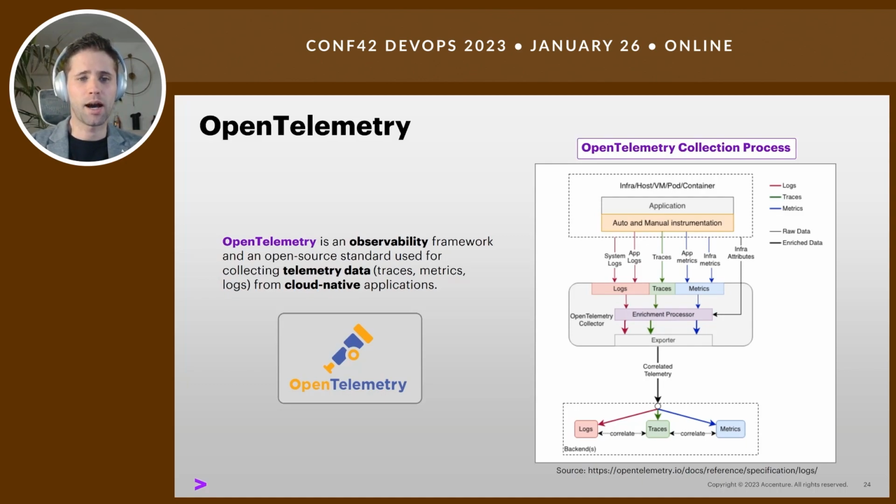Let's start from the top, where logs, traces, and metrics are generated, in our specific case by the pod and the container. But from the diagram, we see that we're talking about raw data too. In the middle, we have the OpenTelemetry collector, which enriches and processes all of this data. Specifically, this enrichment process occurs in a completely uniform manner for all three signals. Basically, the collector guarantees that the signals have exactly the same attribute names and values describing the Kubernetes pod that they come from.